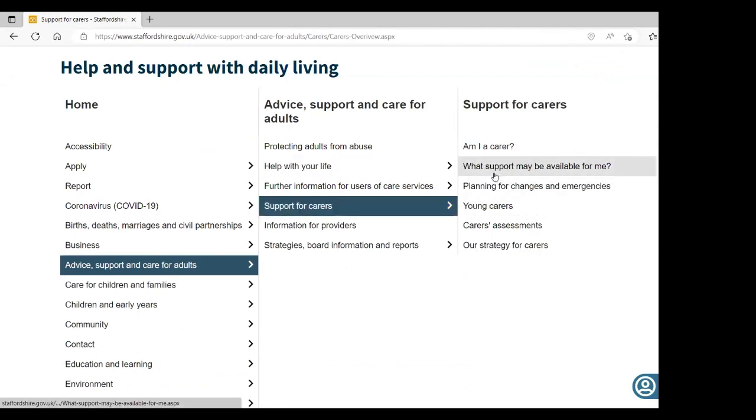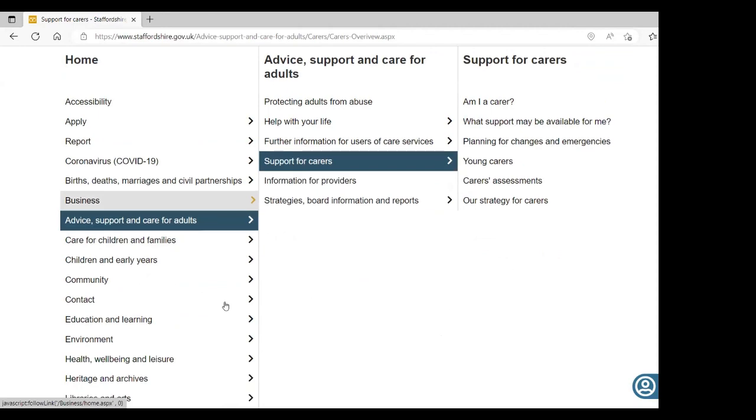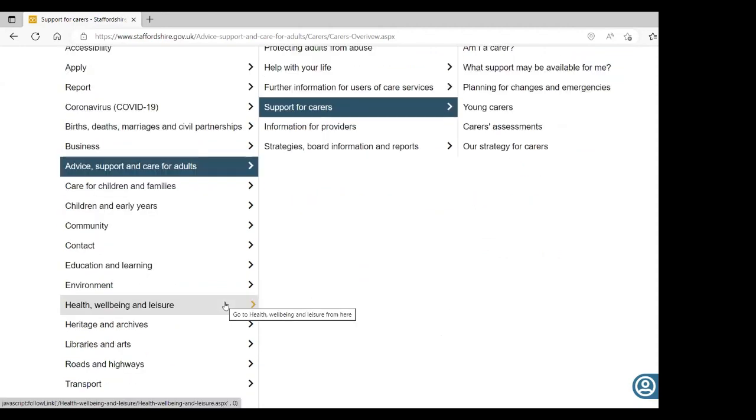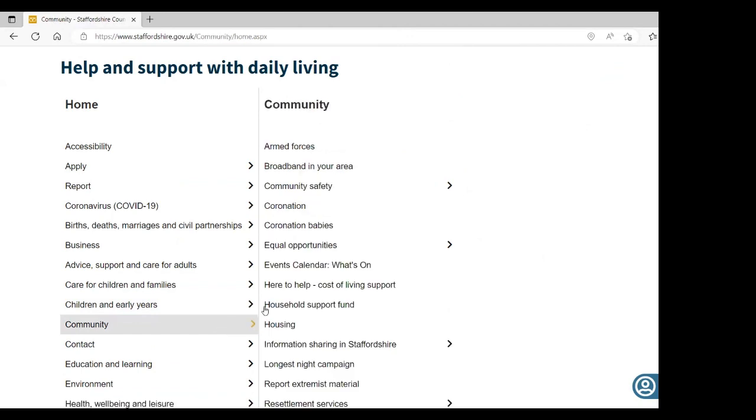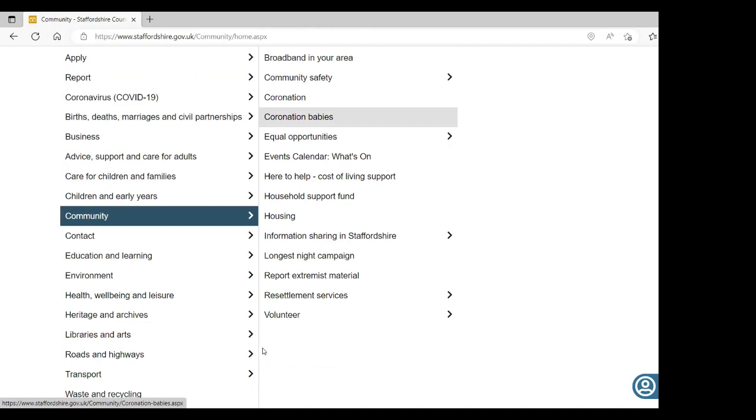So it could be what support's available to me, etc. But on their health and well-being part of the page, you can see there's walks and trails, there's parks and picnic areas, there's keeping well. And on the community section, there's lots of information there.